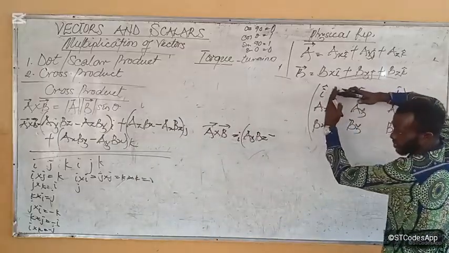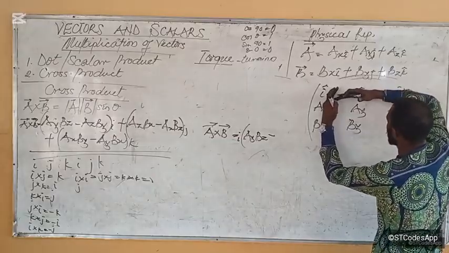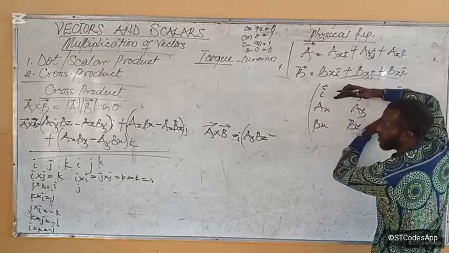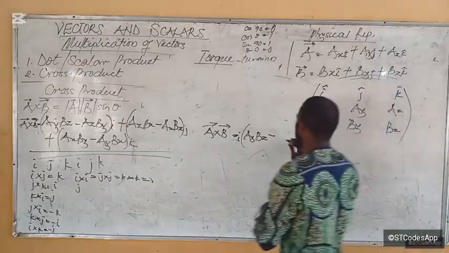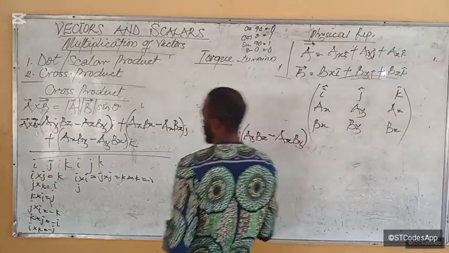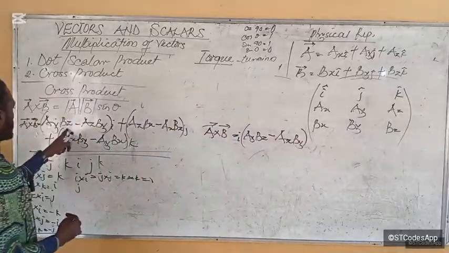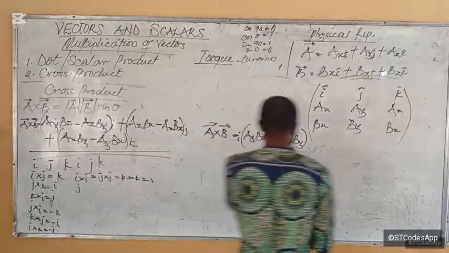The determinant is always major diagonal minus minor diagonal. So we have here, major diagonal is AY BZ, minor diagonal is AZ BY. So minus AZ BY. For I, let's check: AY BZ minus AZ BY. Do you see that? You can put your I here.